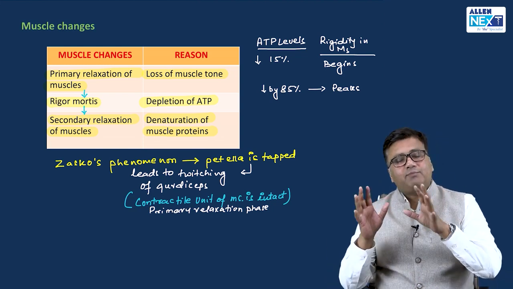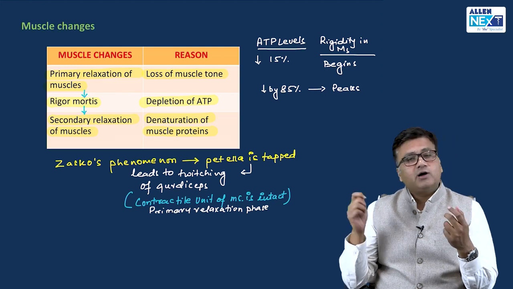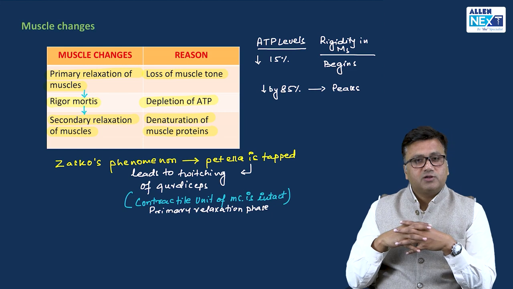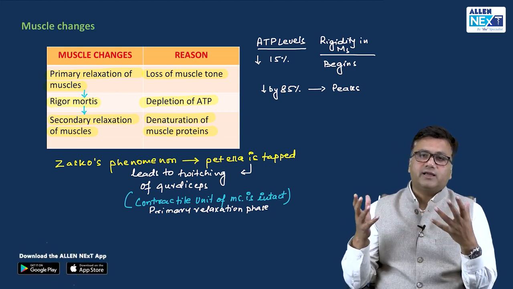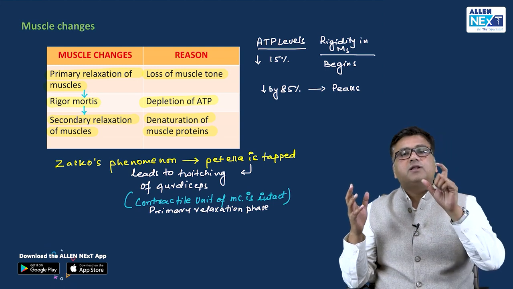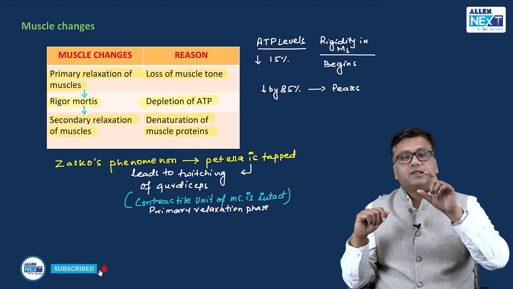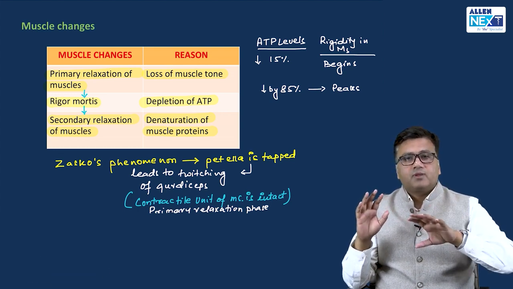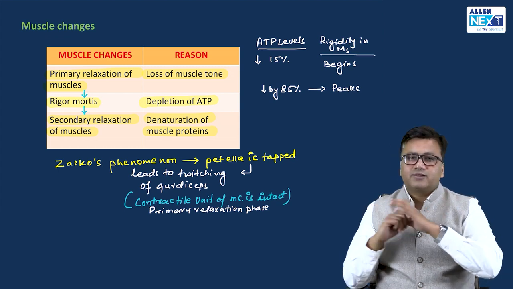If you tap the patella in the secondary relaxation phase, no matter how hard you keep on tapping, there is not going to be any quadriceps response because the contractile units of the muscles are not intact. So, Zasco's phenomenon is positive only in the primary relaxation phase. That's how you can say whether a muscle is in the primary relaxation phase or the secondary relaxation phase.